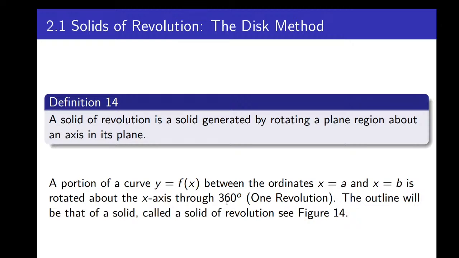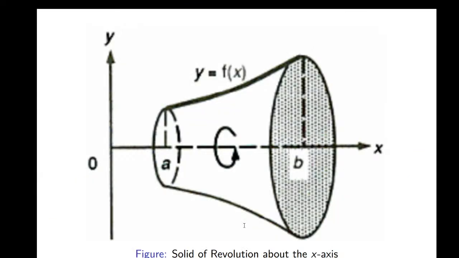When you rotate this object which is in the plane through 360 degrees, in the process of rotating it, what you see is the figure which is given below. So this is the solid of revolution about the x-axis.